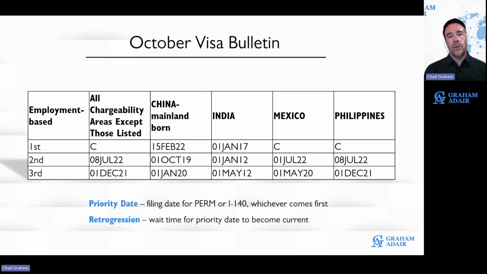And so by the time you go through the PERM labor certification process, it's possible that your priority date may be current at that time or very close to current, in which case you could proceed with not only the I-140, but the I-485 as well. So the only petition that is held up by this is that I-485. Anybody can file the PERM, anybody can file an I-140, but in order to file the I-485, that third step, you have to have a current priority date.